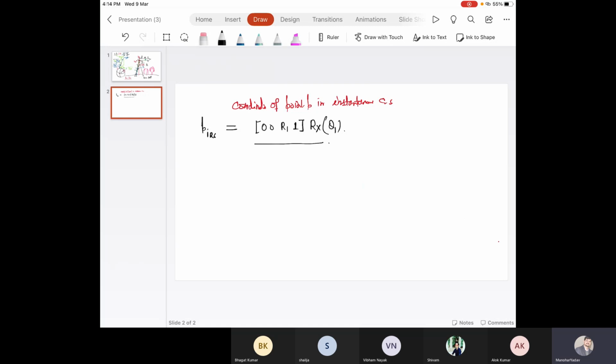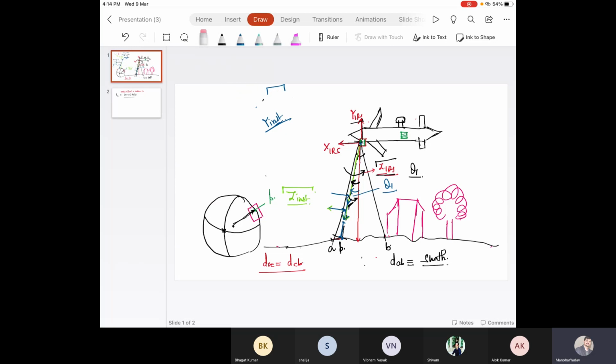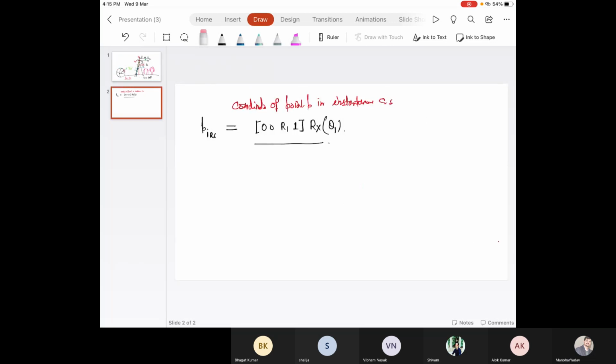Now just see, we have calculated the point P coordinate in the instrument reference system. Now we transform this vector from the instrument reference system to the IMU body coordinate system. This is the direction of the flying aircraft nose.